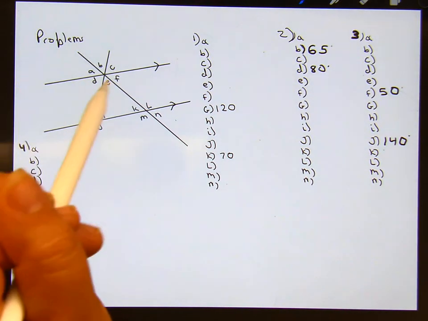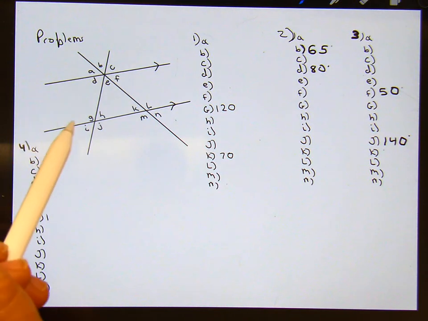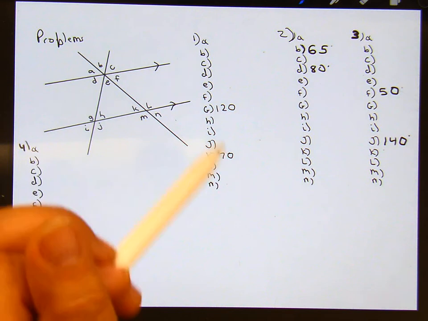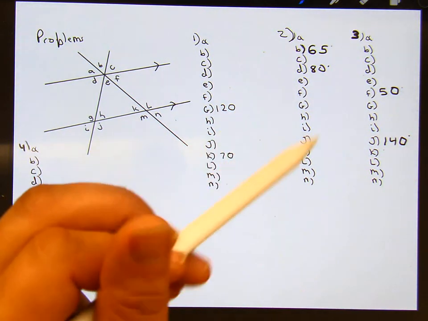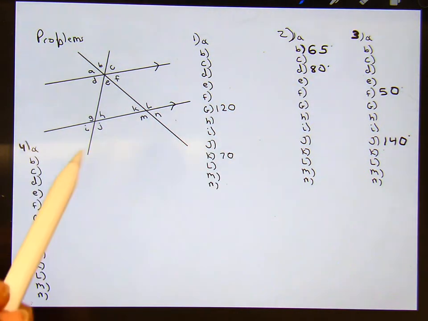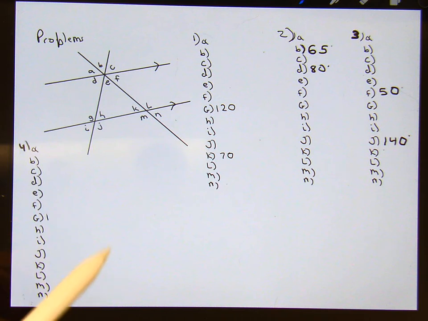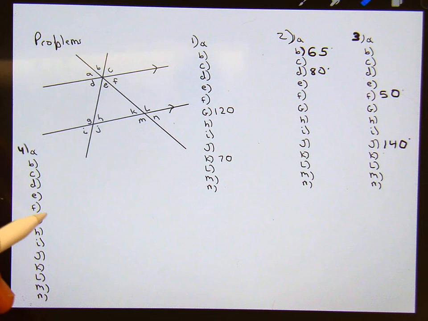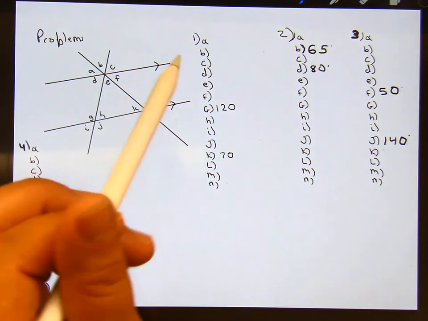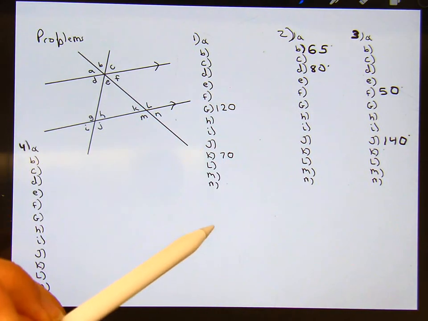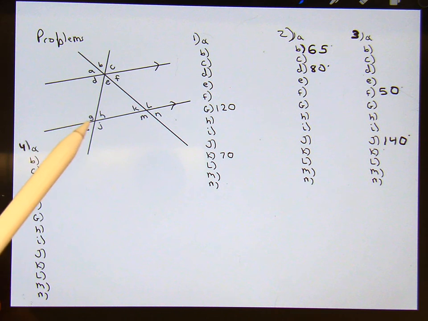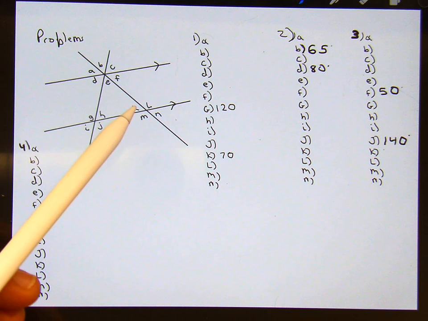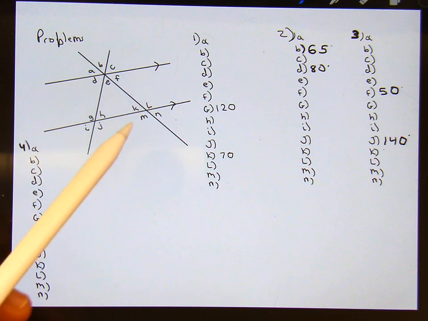A, B, C, D, E, F, G, H, I, J, K, L, M, N. And so we have 4 problems. This one here, I'm going to let you create. So what you're going to be looking at is, on number 1, if G is 120 and K is 70, how can you find all the missing angles?